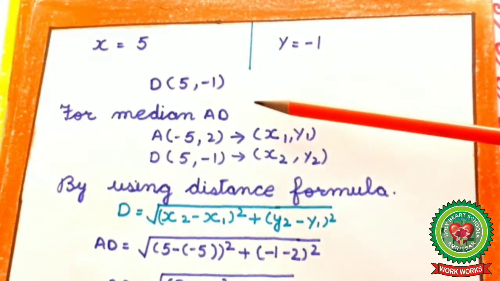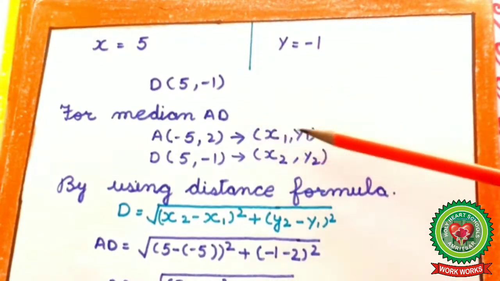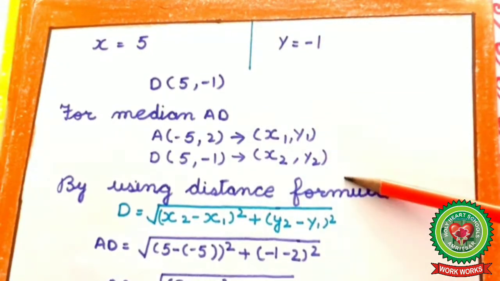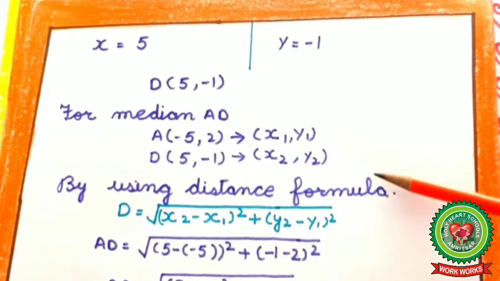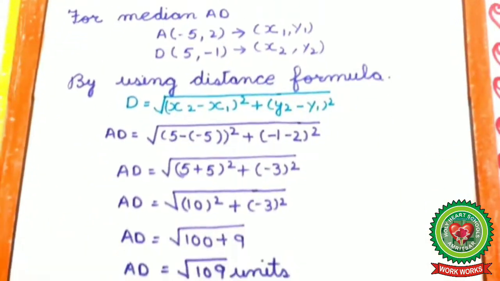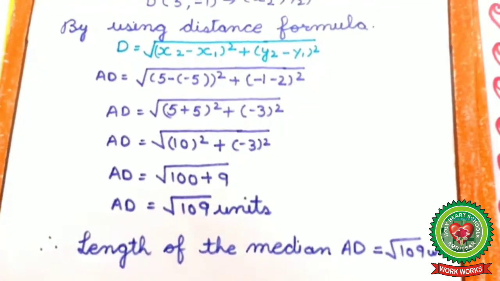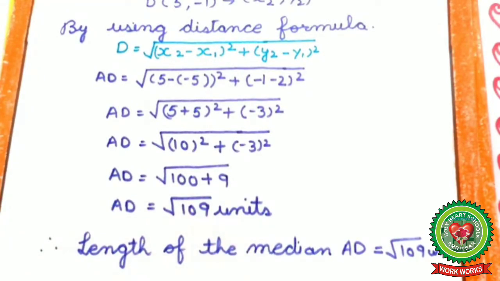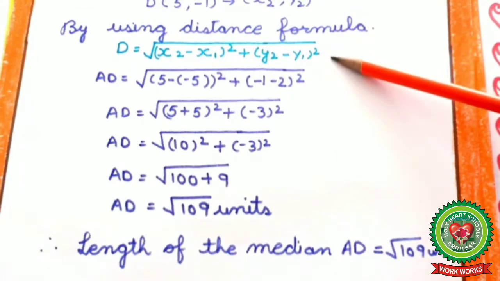So therefore coordinates of D are 5 and minus 1. Now for median AD, A is x1, y1 and D coordinates are x2, y2. Now by using the distance formula, d equals square root of (x2 minus x1) whole square plus (y2 minus y1) whole square.